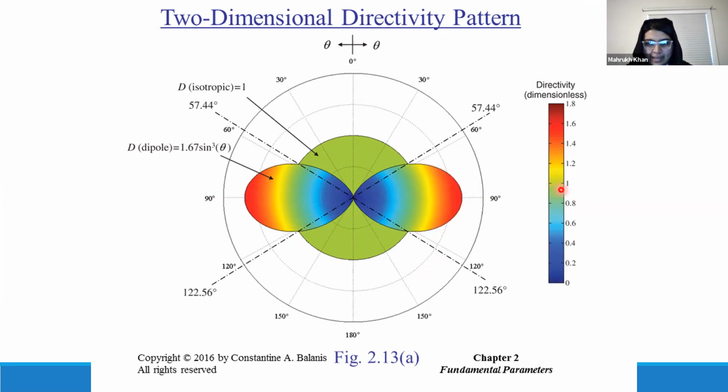So at what point should I say that this is my maximum directivity? The red at the 90, at the very edge of the lobe. So this is your maximum directivity point, right? Yes. Right. I want to make it clear that that's the difference between your isotropic radiator and your non-isotropic radiator, right? Thank you, Bryce.